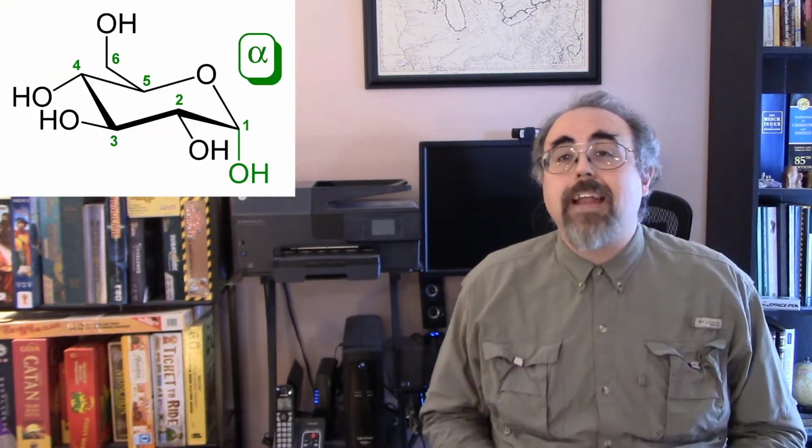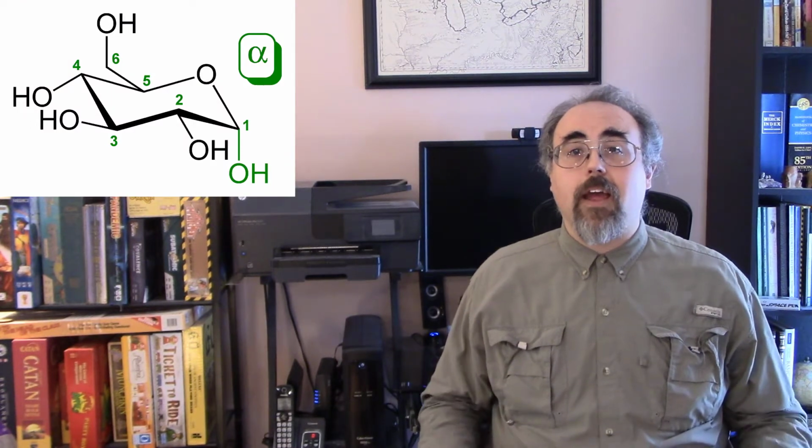Okay, so disaccharide, we're going to take two monosaccharides and stick them together. Now there's a couple of things to think about when we stick them together. For starters, remember how when they form the ring form, they can go one way or the other, what I called alpha or beta?